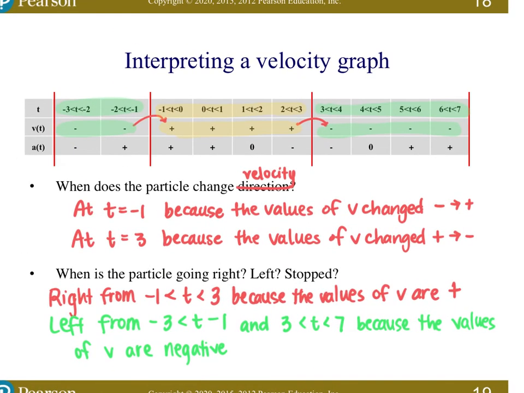And then what about stopped? So we answered right in the red, we answered left in the green. Okay, what about when the value is stopped? Well, it's only going to be stopped when it's changing from going to the right to the left. It doesn't happen for very long. It only happens just for a moment. And so it's stopped momentarily, or instantaneously, maybe we'll say.